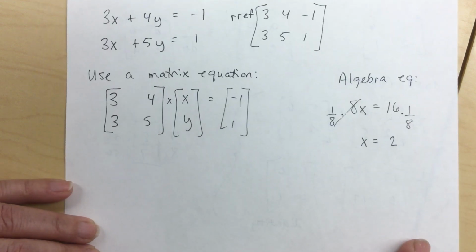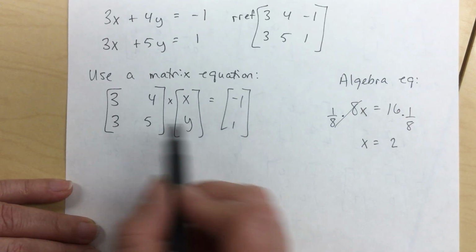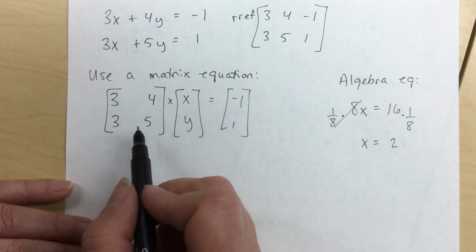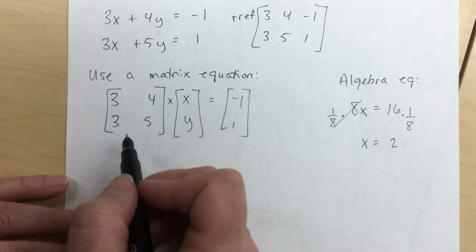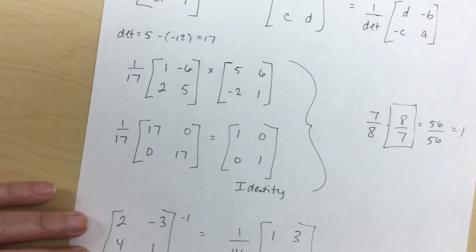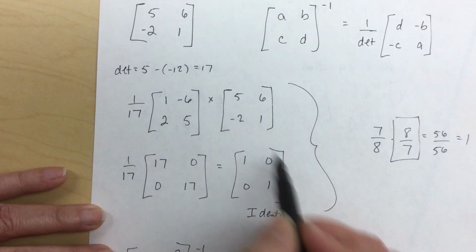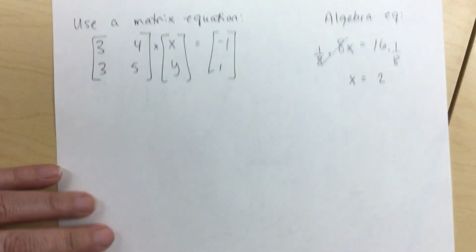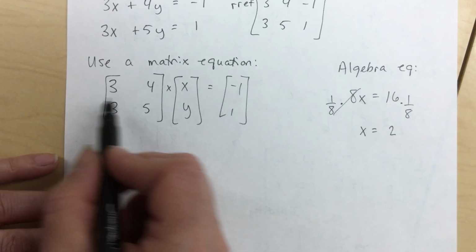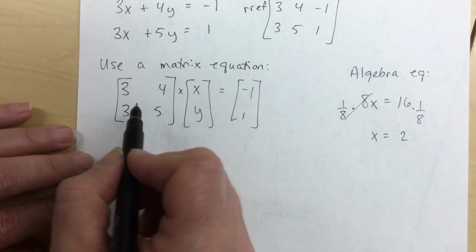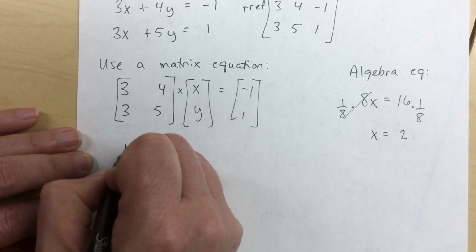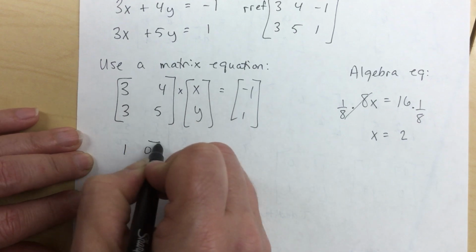So that's what we're going to do over here. We are going to multiply both sides by the inverse of this. So over here, we talked about what happens when we multiply a matrix by its inverse. We get 1, 0, 0, 1. So I'm not going to write all that work out over here because I know that when I take the inverse of this times that, I'm going to get 1, 0, 0, 1.